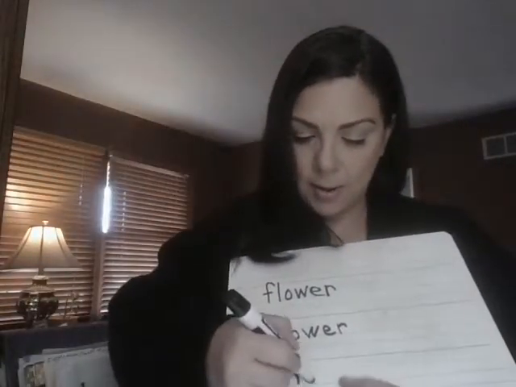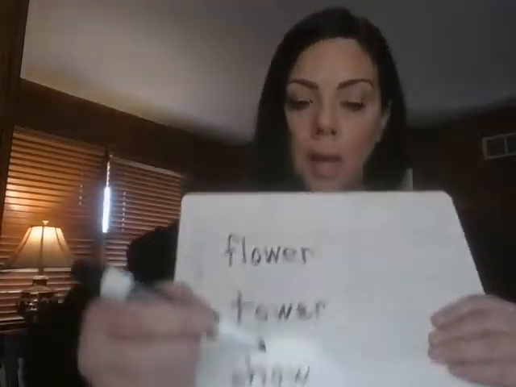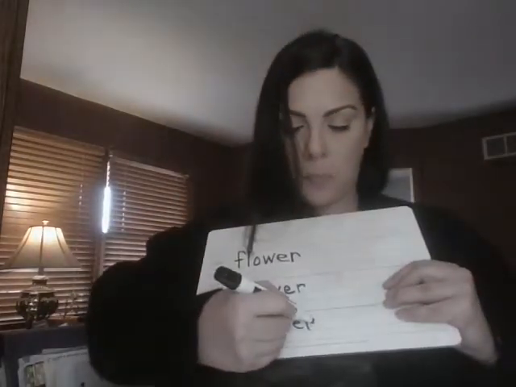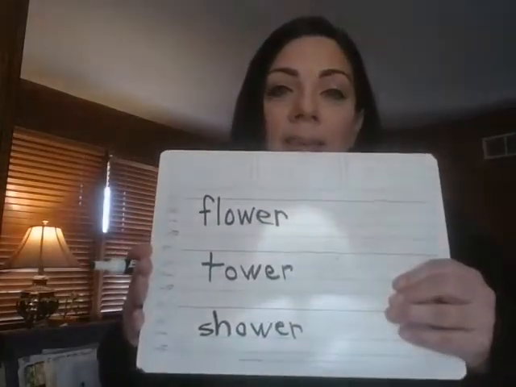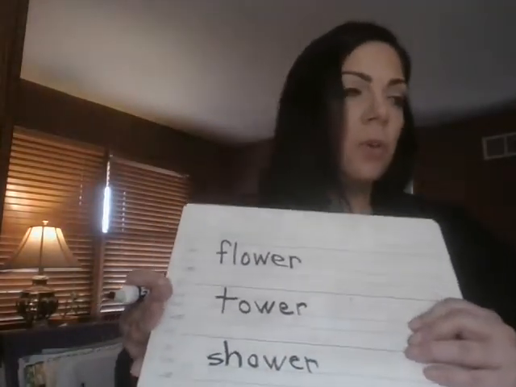Okay, and here's another one. Let's see if I think I have to turn my board for this one. Okay, now I can do it. Show. You see that? And if I add ER, it is shower. All right. So sometimes the words, when you add an ending to it, are going to change.